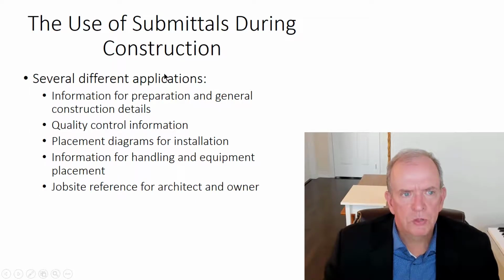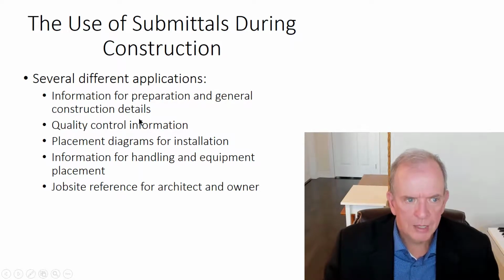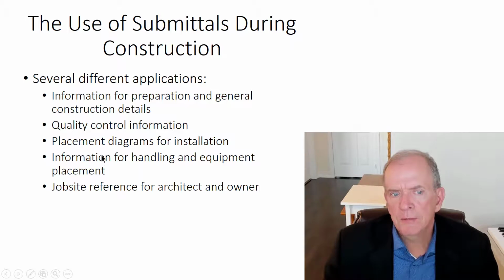The use of submittals during construction has several different applications. Information for preparation and general construction details, so it helps you with that. Quality control information. This is part of the QC process, quality control, quality assurance. Placement diagrams for installation.